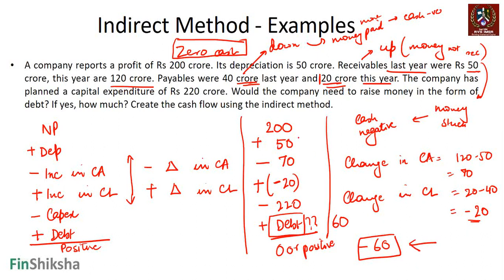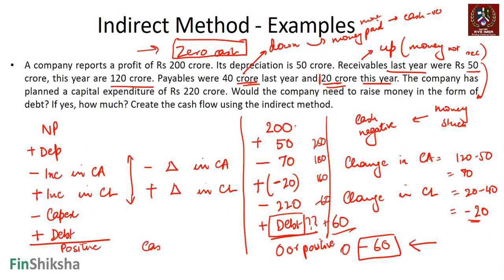So if you have 60 crore of debt, this will become 250. We can work cumulatively. 250 minus 70 is 180. 160 minus 60 plus 60 gives me 0, right? So if I want to end at 0 cash, the minimum I need in terms of debt has to be 60 crore, assuming the company has 0 cash.